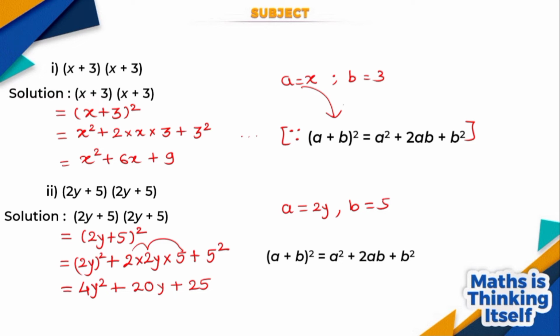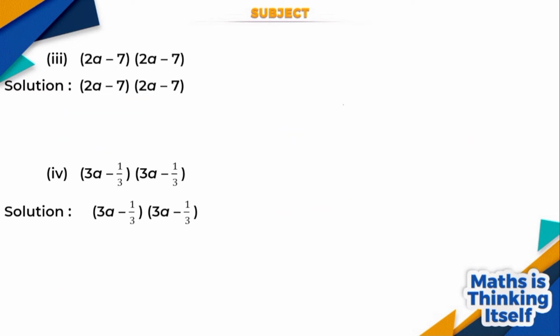Now let us solve the next two examples. Here the identity (a − b)² = a² − 2ab + b² is applicable. So (2a − 7) multiplied by (2a − 7) is equal to (2a − 7)².